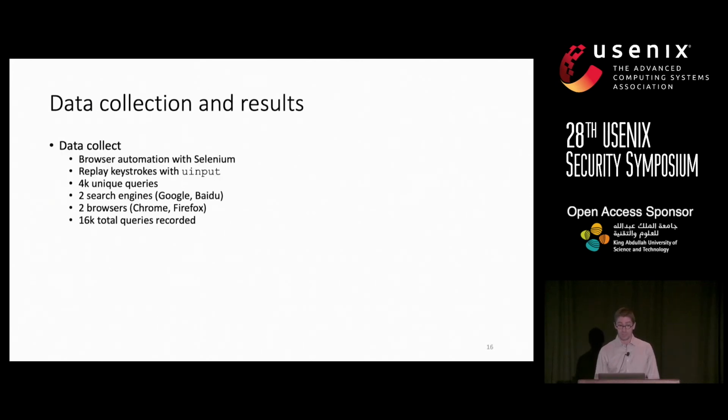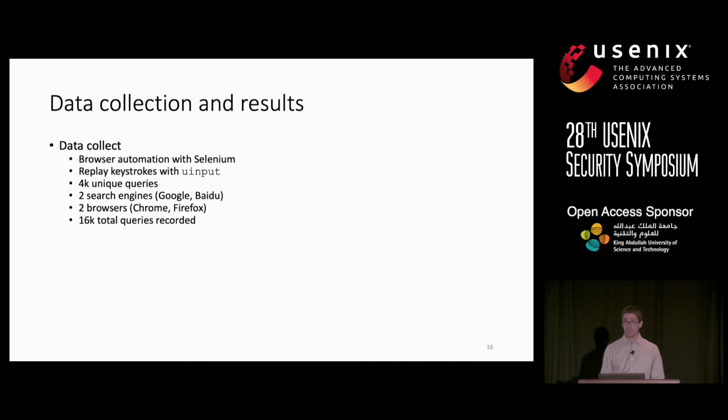To evaluate the overall success of the attack, I automated data collection using actual keystrokes recorded from human subjects. These were people copying sentences and phrases from the Enron email corpus and the billion word corpus.